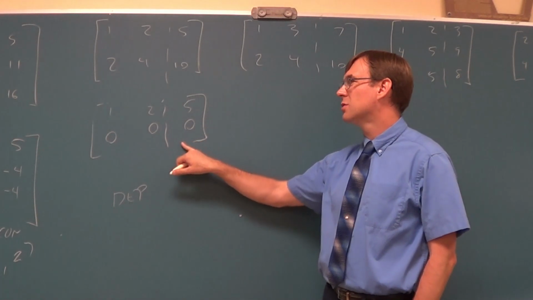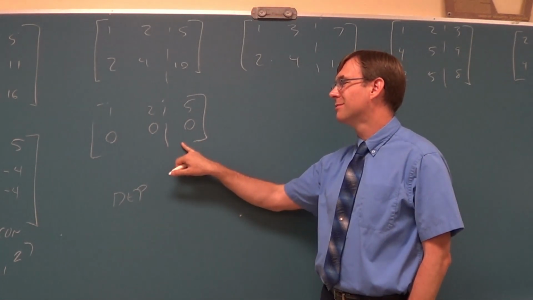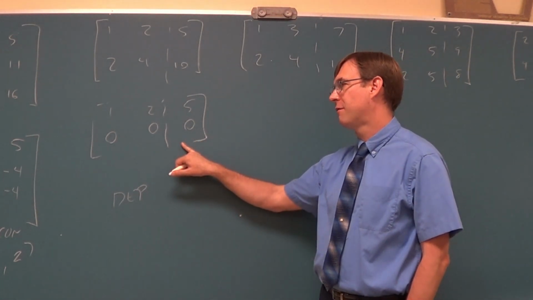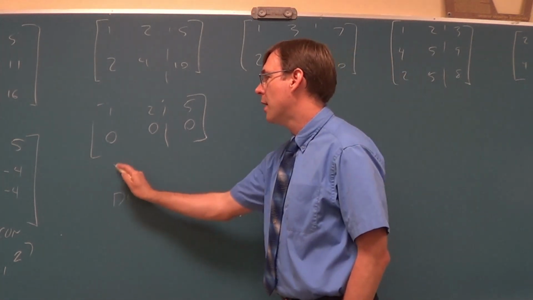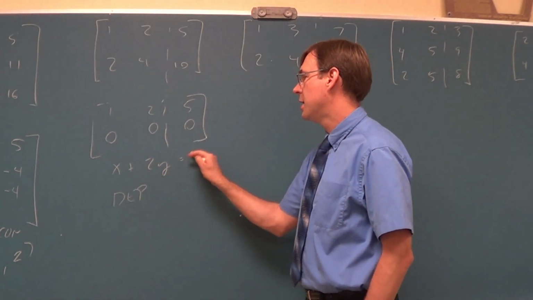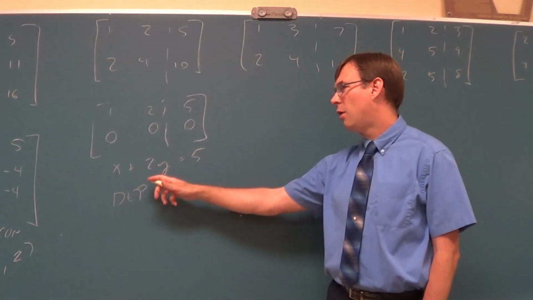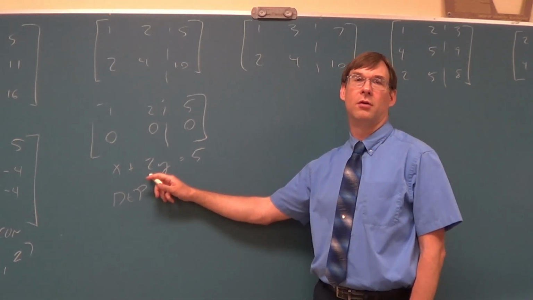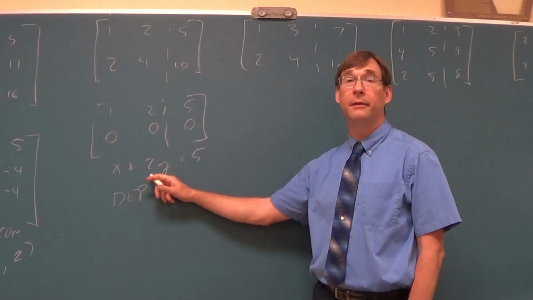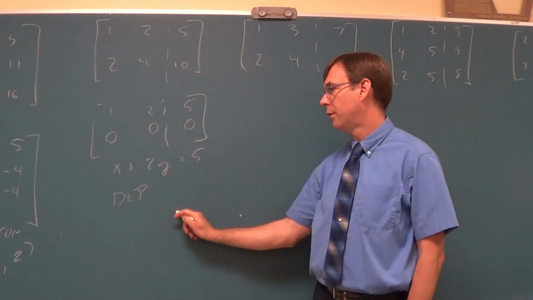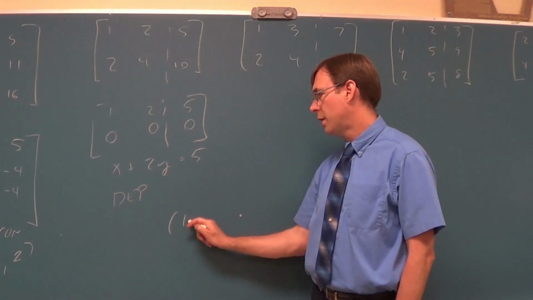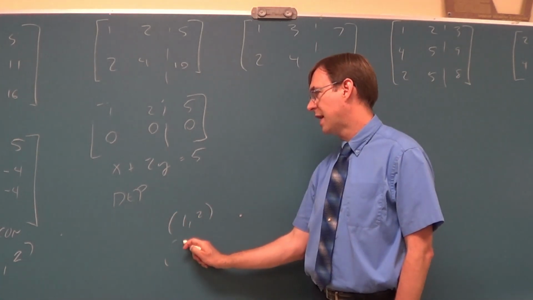How do I want to phrase the question? We know that x plus 2y equals 5. Are there numbers that can make that true? Yeah. For example, 1 and 2. Or for example.